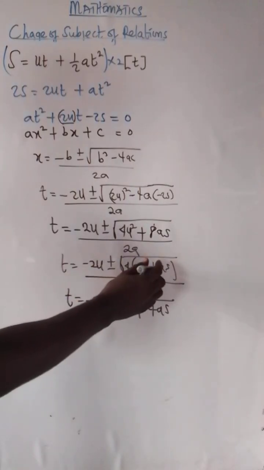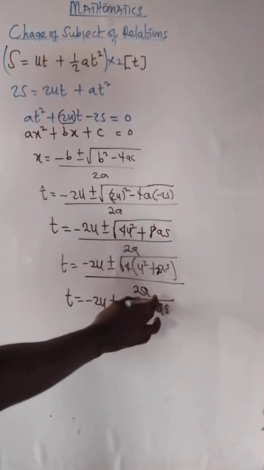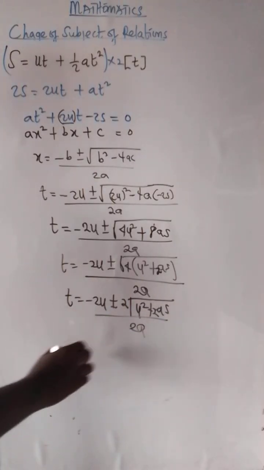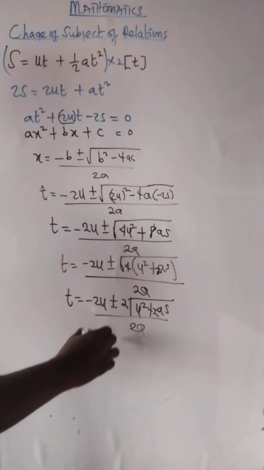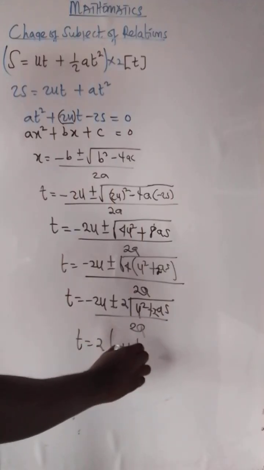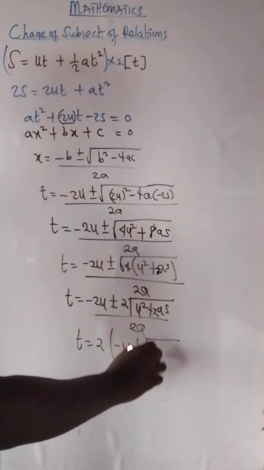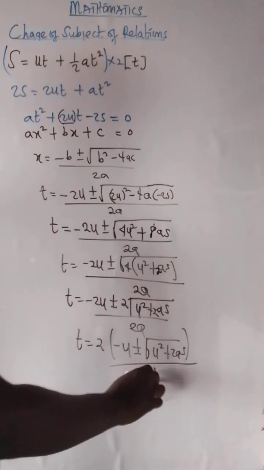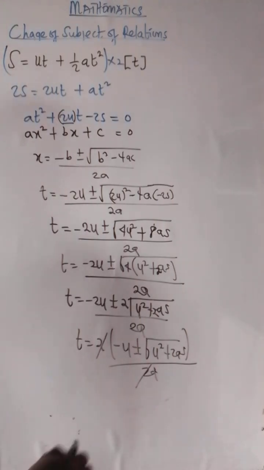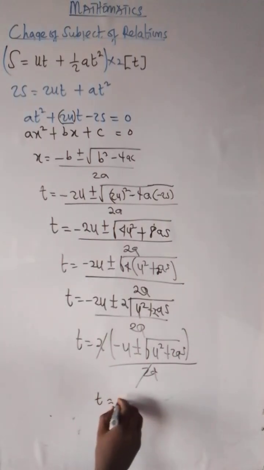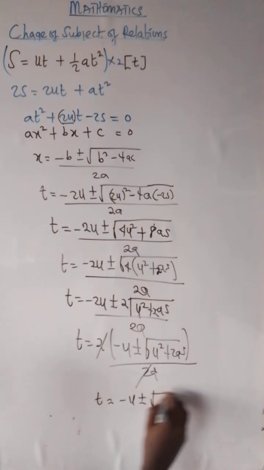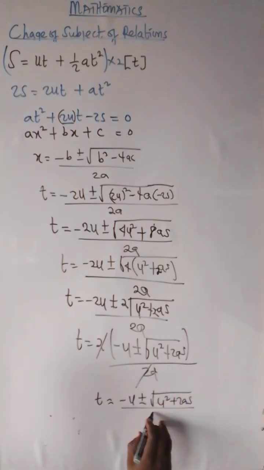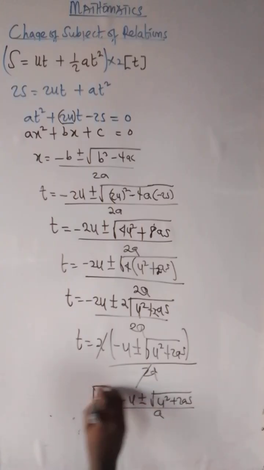After factorizing 4 out, 2 will still be left here, that's 2as over 2a. At the numerator, 2 is common, so we bring out 2: minus u plus or minus the square root of u squared plus 2as, over 2a. These two cannot cancel these two. Hence our t equals minus u plus or minus the square root of u squared plus 2as, over a. And this is our final answer.